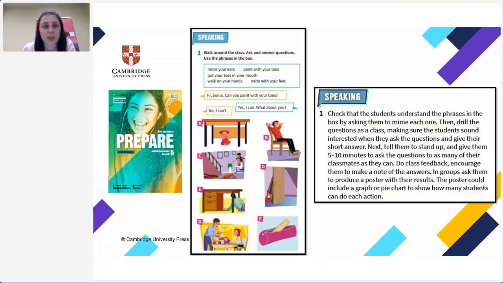These speaking activities can help you to develop your speaking skills with your students.